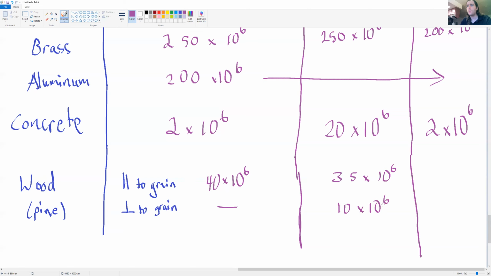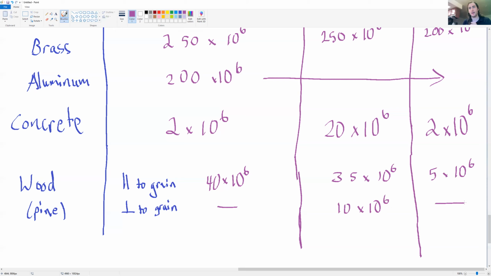So we can see even within a single kind of material, we have different strengths depending on how we approach that material with our forces here. For shear, they give 5 times 10 to the 6 parallel to the grain. And then shear perpendicular to the grain, they give no value here.